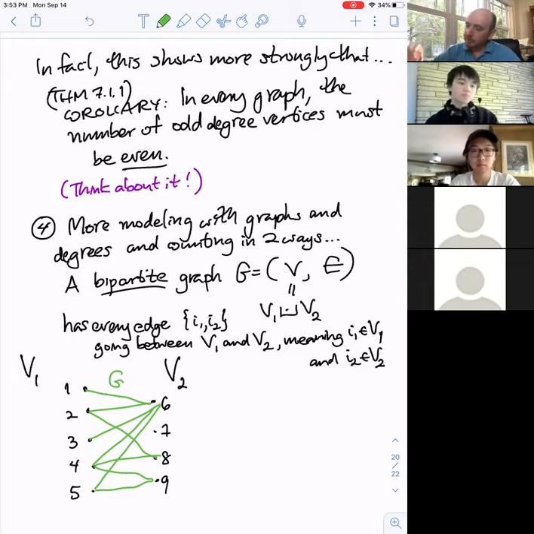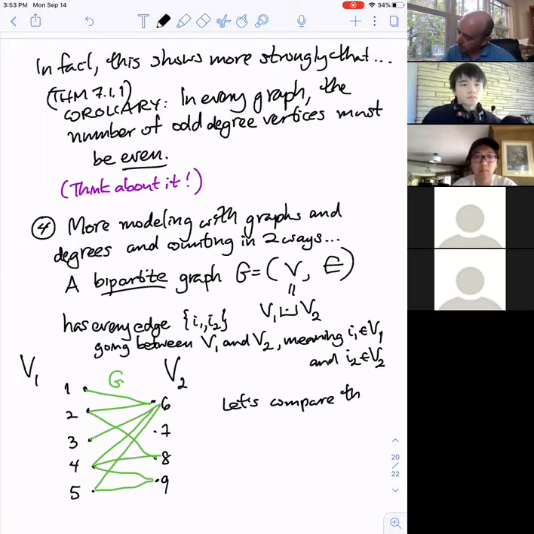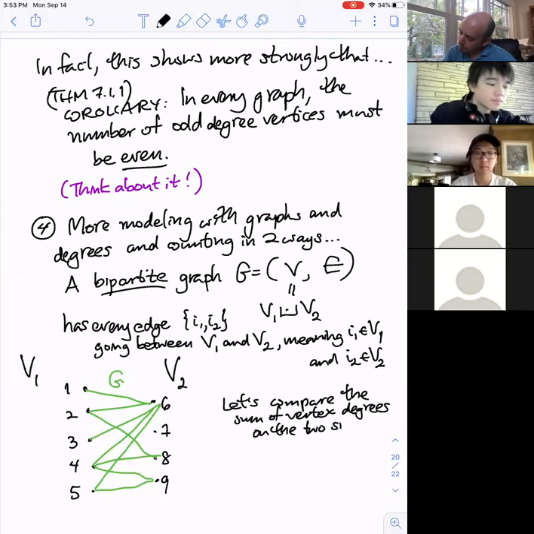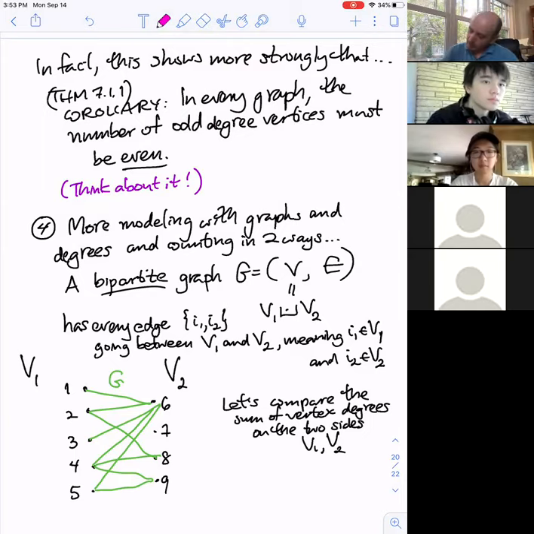And let's actually look at the vertex degrees. In fact, what I want to do is, here, let me write what I'm heading toward. Let's compare the sum of vertex degrees on the two sides, V1 and V2. So I'm going to draw the degrees in pink.